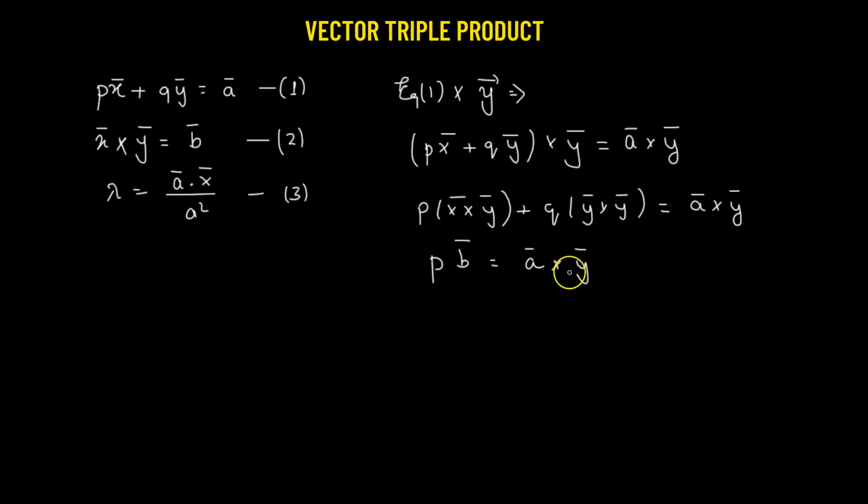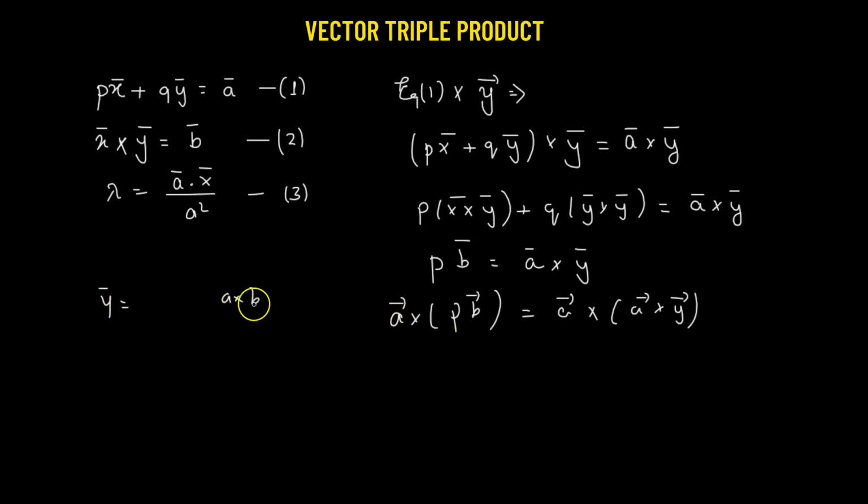Fine. Now what we need is a cross b. So we will again take a cross p v vector, and then we have a crossed with a cross y. This is done because we know that when we find the expression for the y vector, there is an a cross b term on the right hand side.